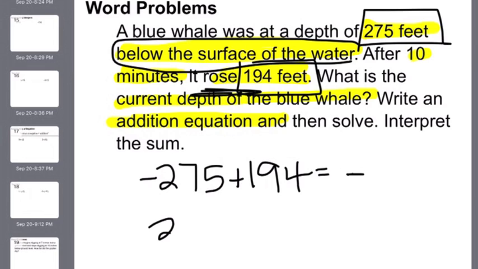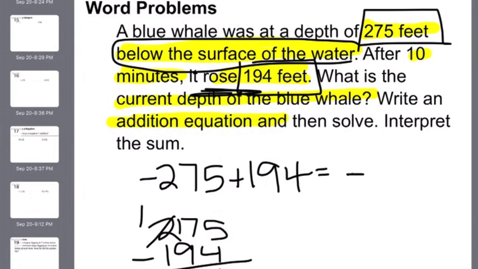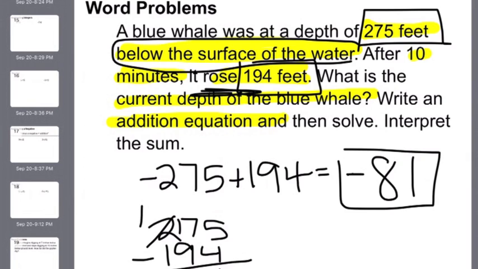Then we take our bigger absolute value minus our smaller absolute value, and we're going to get 81. We put that up there with our symbol, and we get negative 81. What that negative 81 represents is that our blue whale ended, or its current depth was 81 feet below the surface of the water.